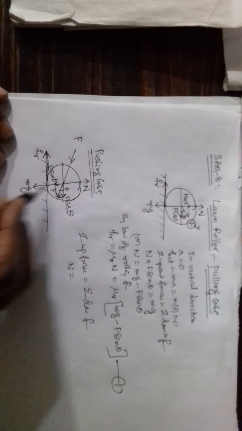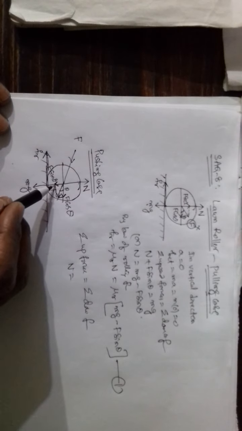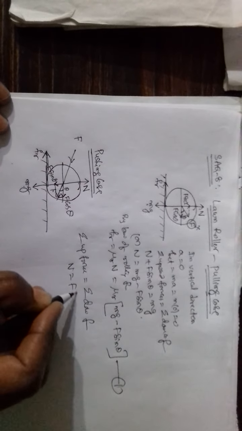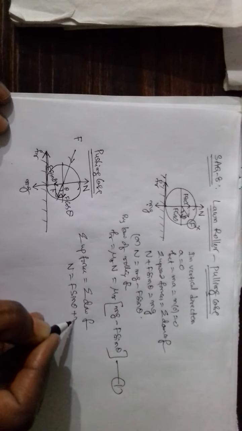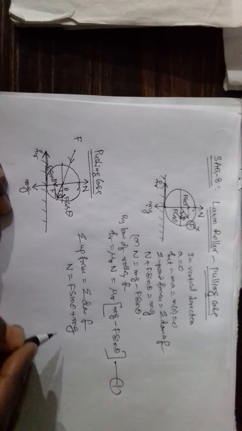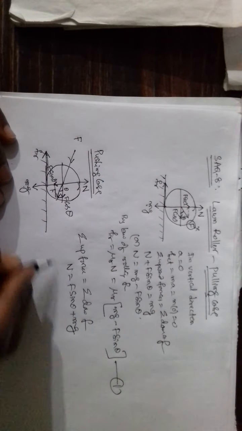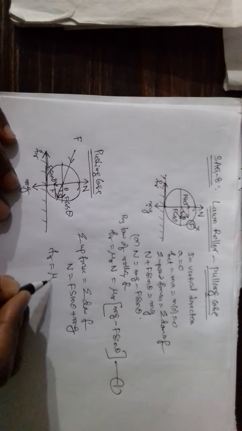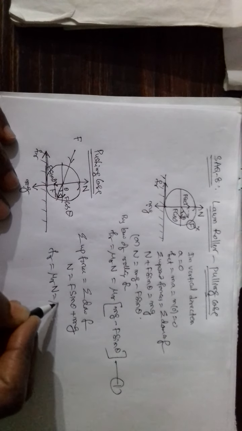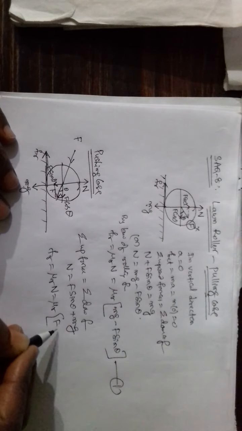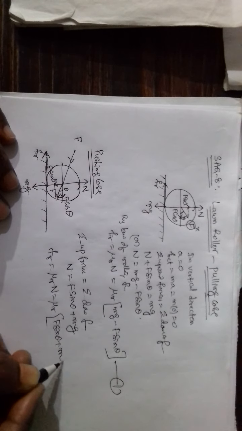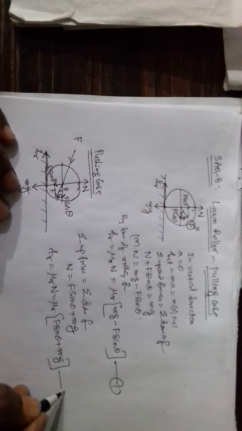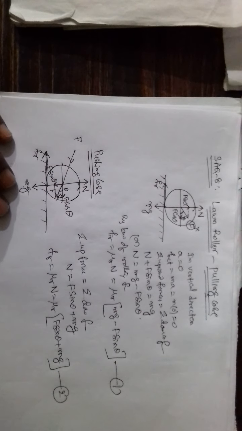Upward forces are N. Downward forces are here F sin theta, here mg. And now Fr, by law of friction, Fr is equal to mu r N. Substituting N value here, you got expression for Fr.